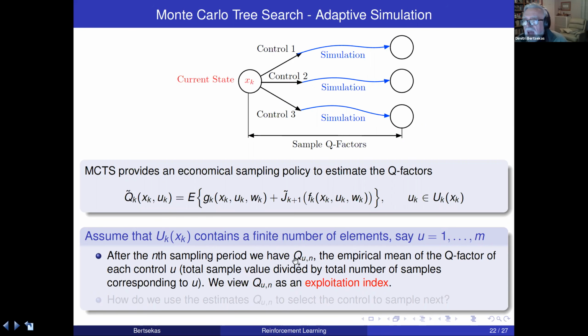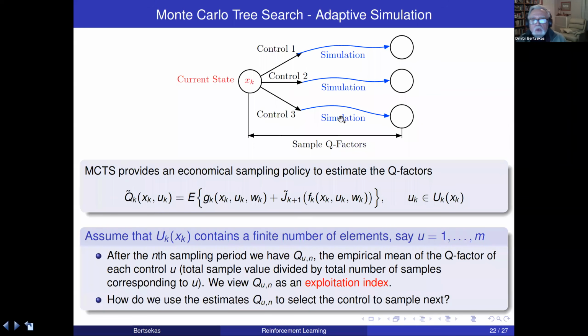So it is the running average of Q factors corresponding to U and the state that you are in. Now, we want low values of that. If this value is low, that indicates that U is a good control. And we view this as an index for exploitation, an index about the potential of control U, a numerical value.